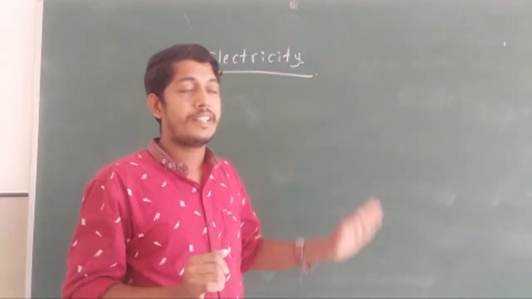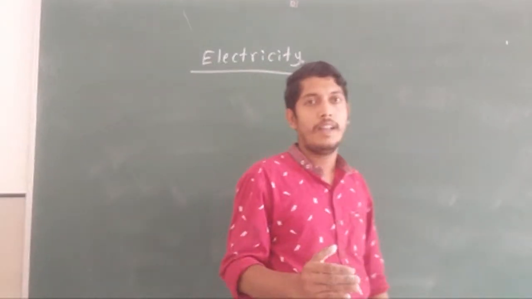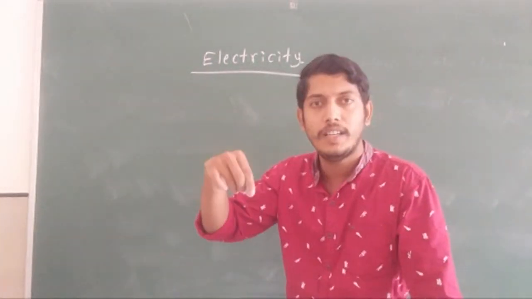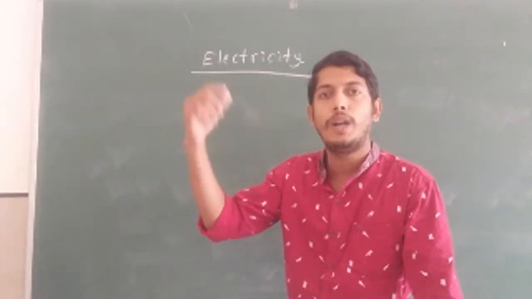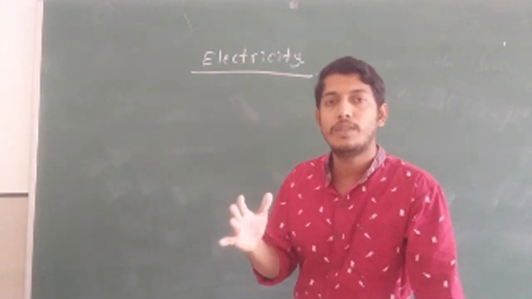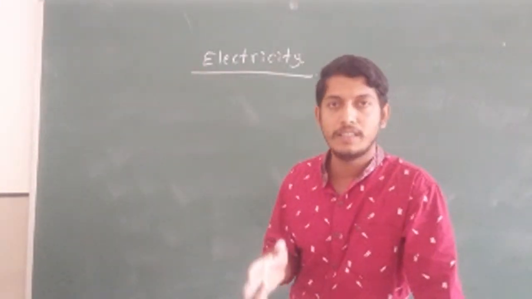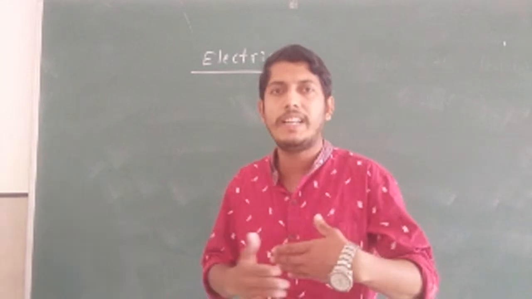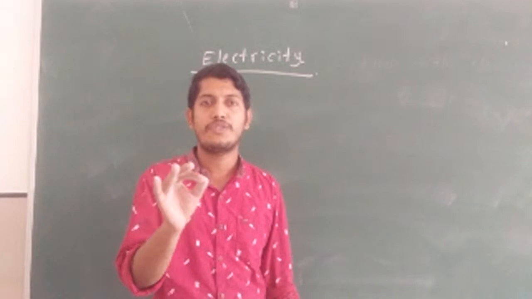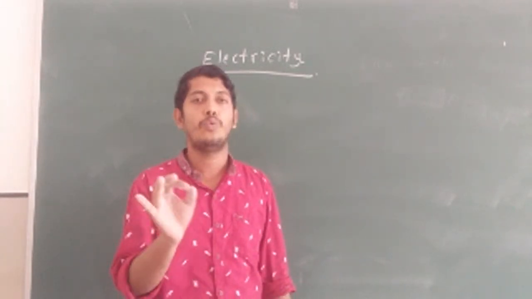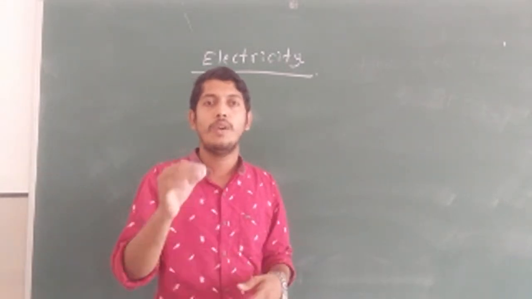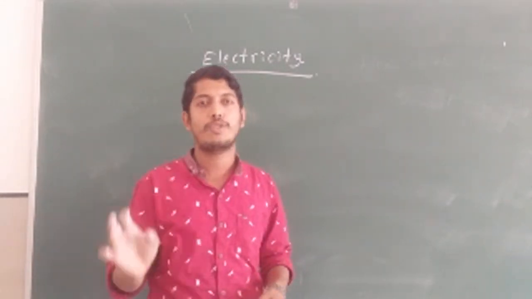The SI unit of charge is the coulomb, which we represent by capital letter C. 1 coulomb is equivalent to 6 into 10 raised to 18 electrons, and each electron has a charge of 1.602 into 10 raised to minus 19 coulomb, or we can write 1.6 into 10 raised to minus 19 coulomb.